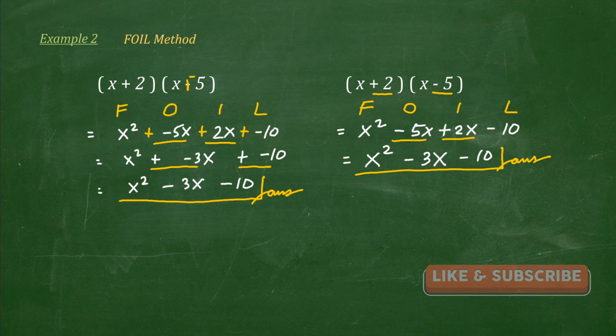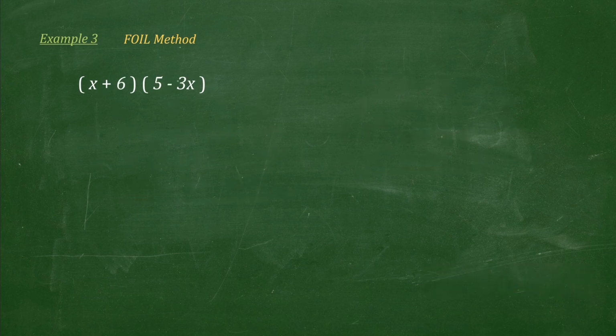Here's example number 3. We are multiplying the binomials x plus 6 and 5 minus 3x. So, we write F, O, I, and L. Then just like in the previous example, the last terms here are positive 6 and negative 3x. Include their signs. So the first terms, x times 5 is 5x.